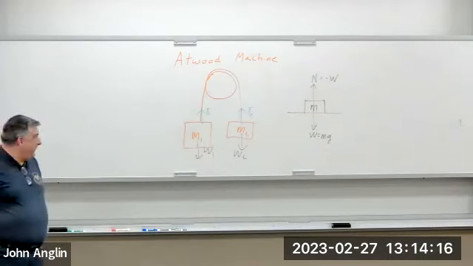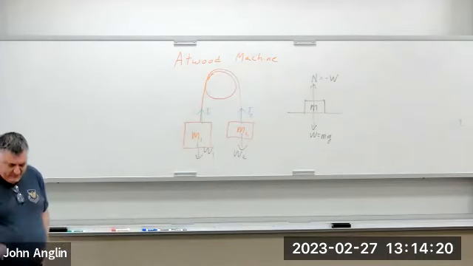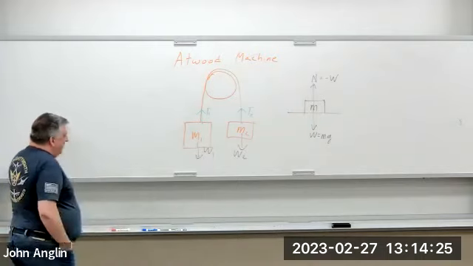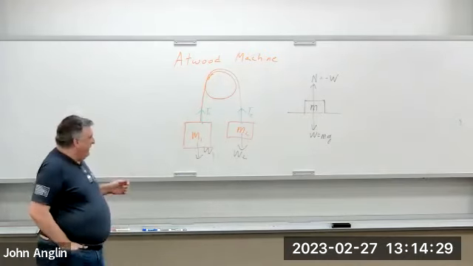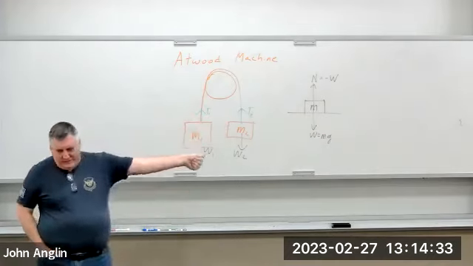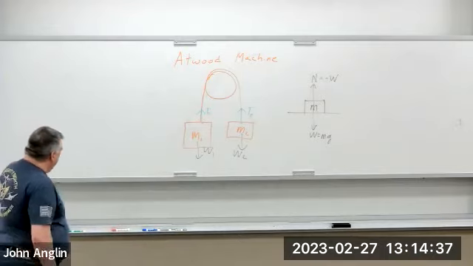So what we're going to do is solve this Atwood machine problem in very general terms. What we'd like to know is how much tension is in each of these ropes. Seems a useful thing to know.